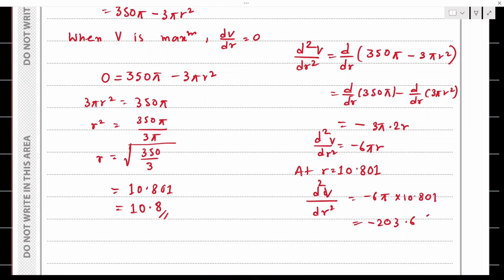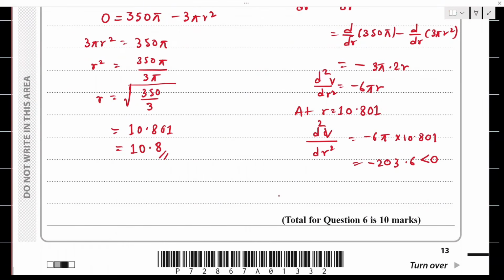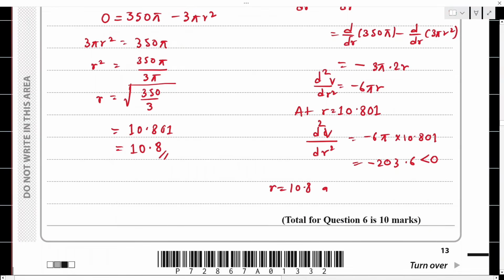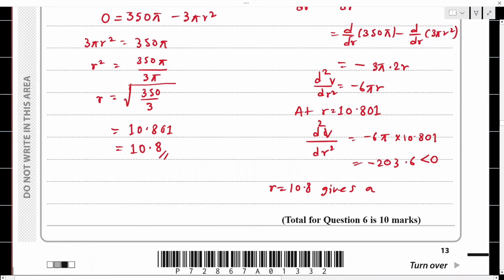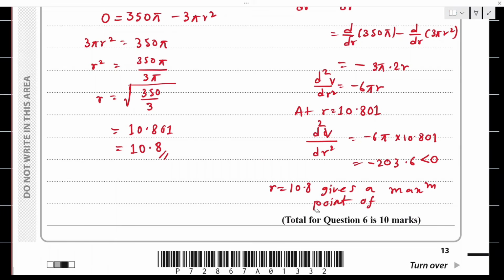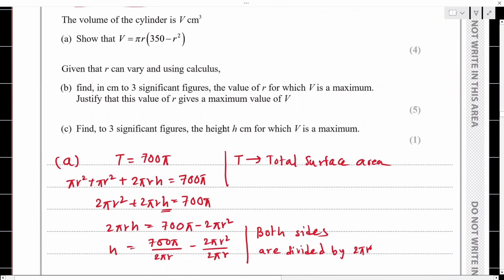We can see that this value is negative, which means that every other point near our r equals to 10.8 will have a lower value for v, which means that r equals to 10.8 gives a maximum value. As the value for the second derivative, d square v by dr square, is negative, we can say that r equals to 10.8 will give a maximum point for v. You can say it gives us a maximum value of v. And this is our answer to our part b.